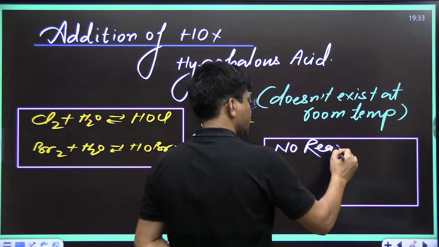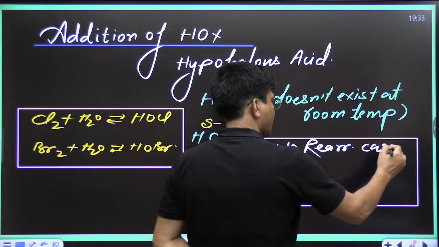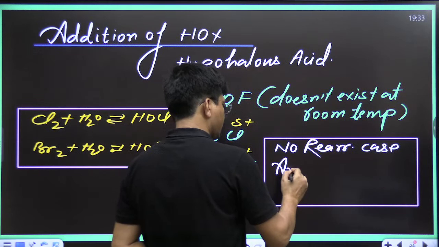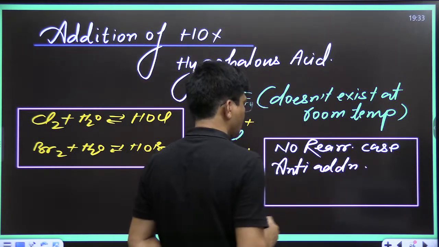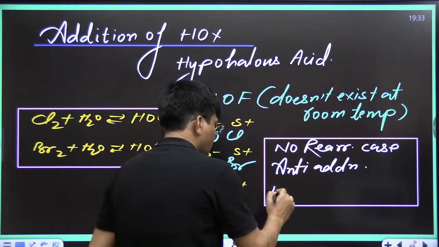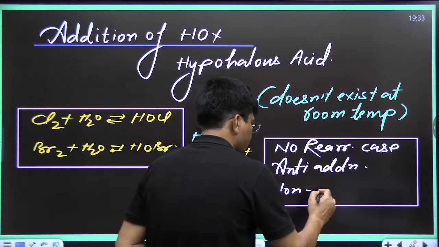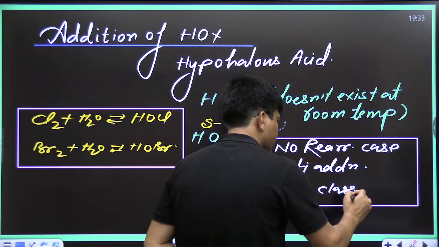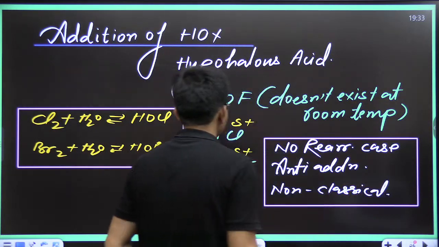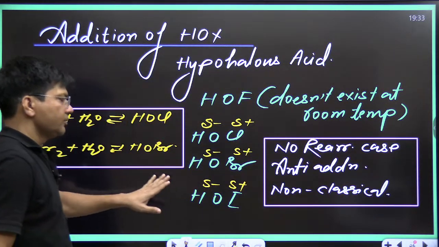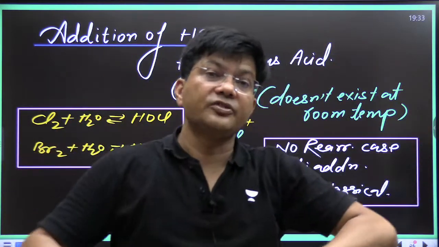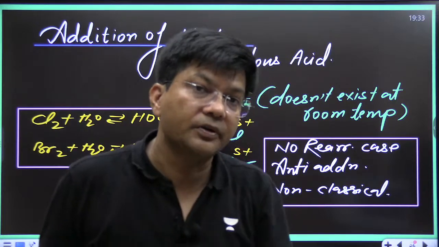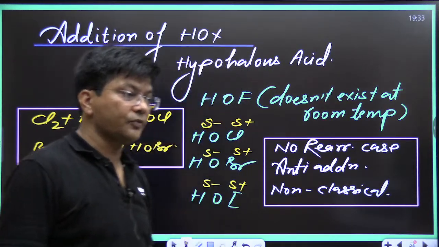Why no rearrangement, my dear friends? Because anti-addition will take place, no rearrangement, and a non-classical carbocation will be formed. Non-classical. Now one more thing, you know that this is unsymmetrical. If the reactant is also unsymmetrical, then what is going to happen? Markovnikov's rule will get followed.